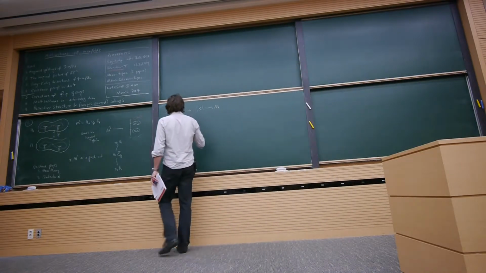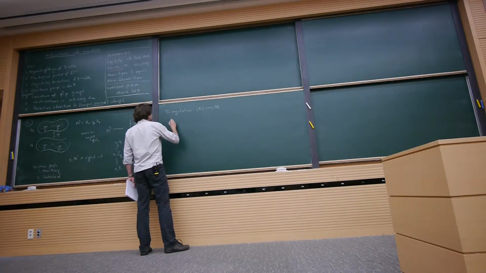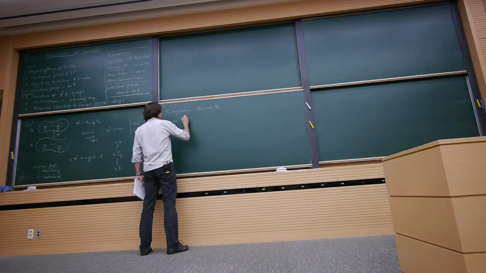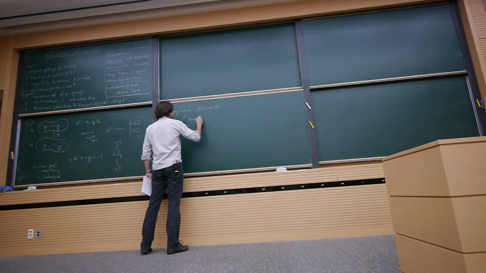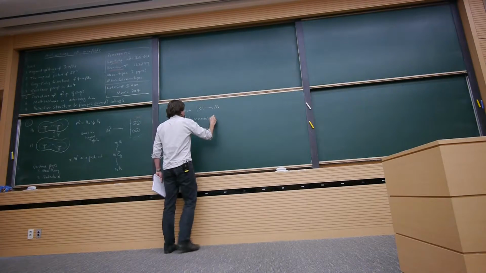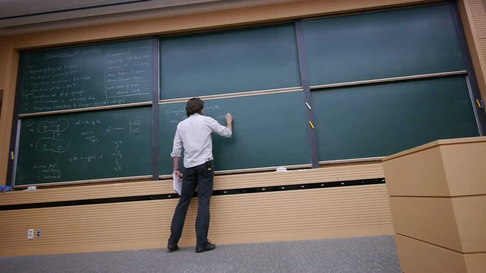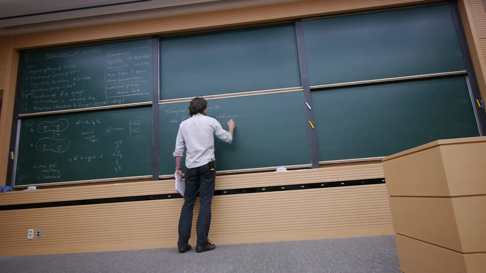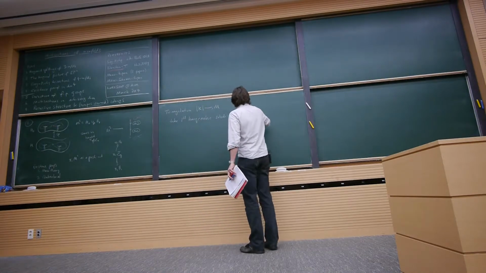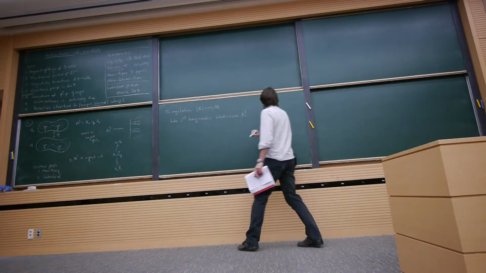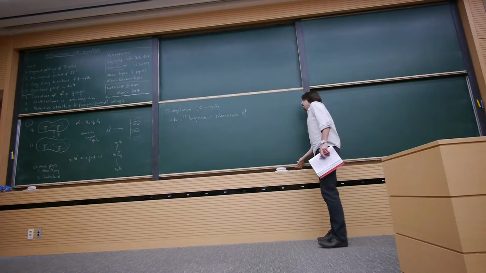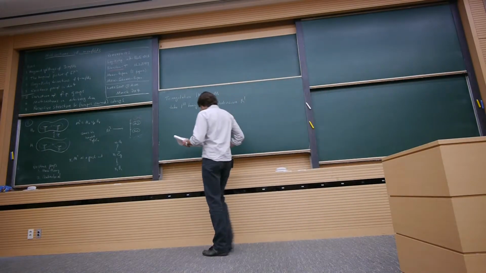Then we take the first barycentric subdivision, often denoted using a prime, so this is K prime.